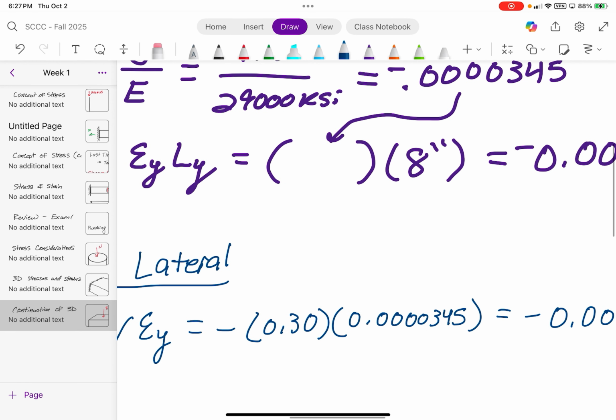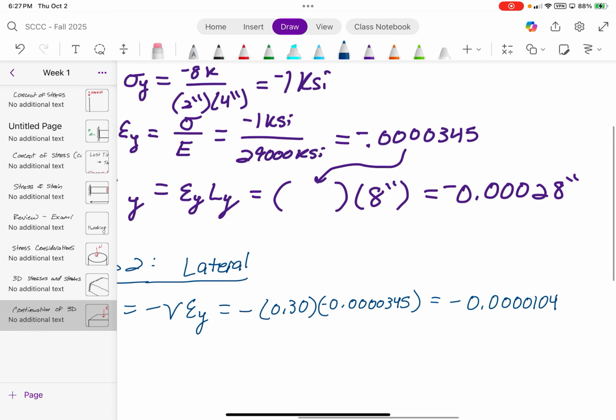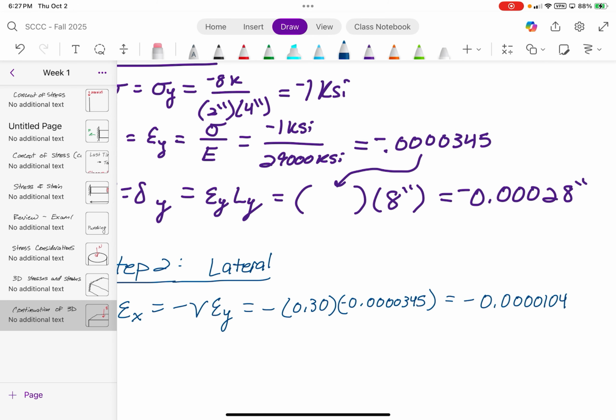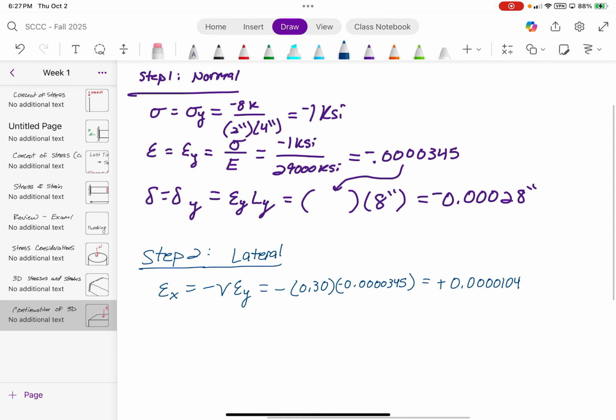So when we then throw the negative sign into there, you guys notice the two negatives cancel, which is going to give us a positive number.